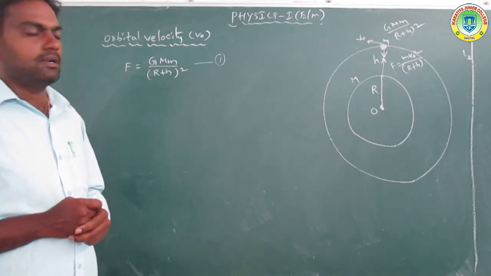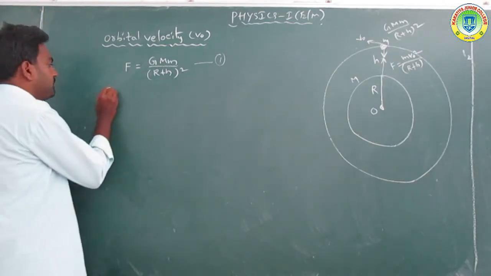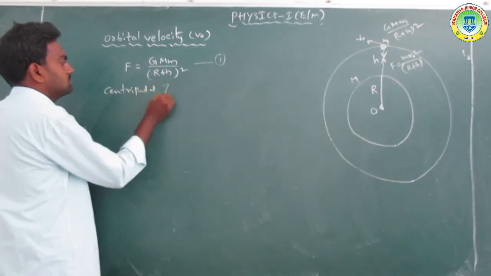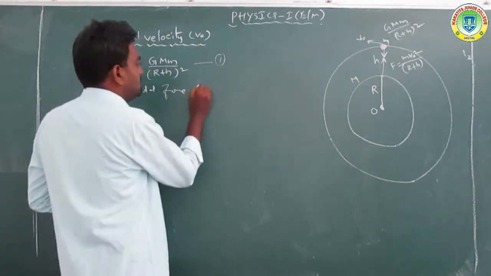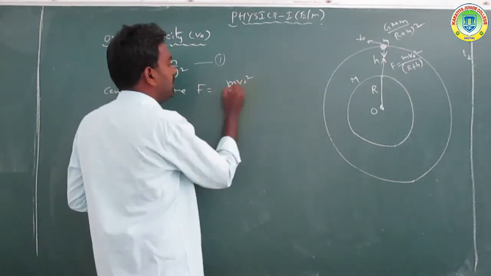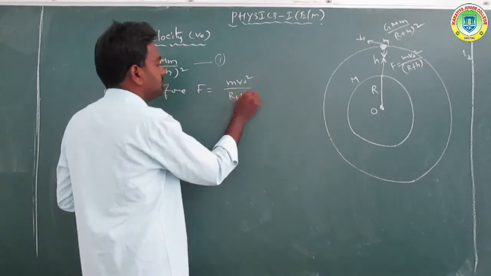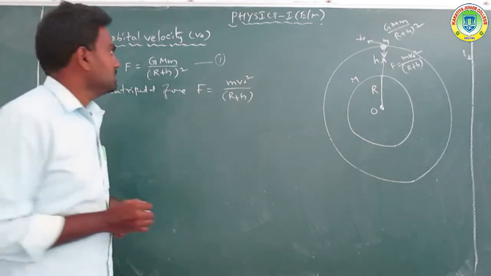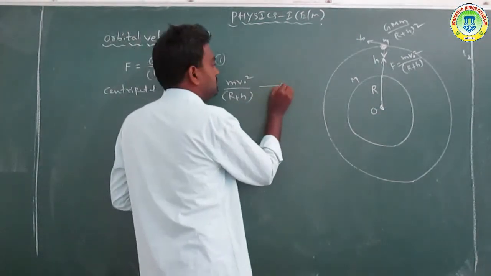The centrifugal force is m v naught square by (R plus h). This is equation 2.